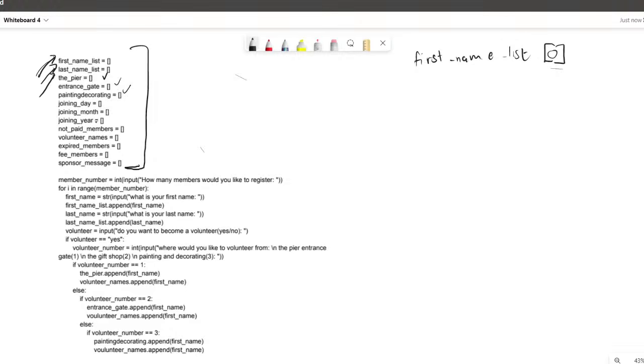For the joining day, joining month, and joining year, I have simply separated them in sections, because in one of the tasks they asked us if it is expired or not. To check that, you just look at the joining year.